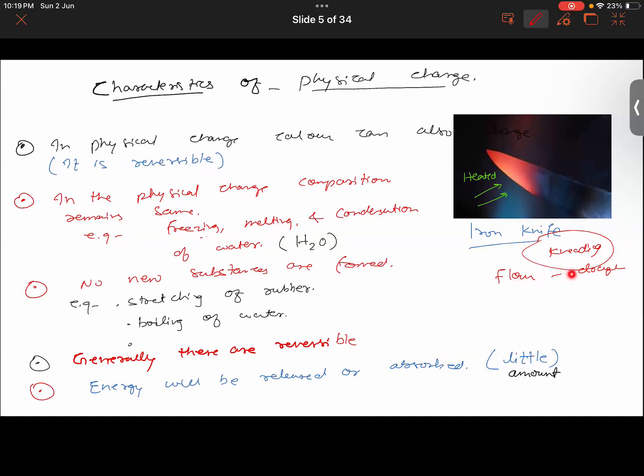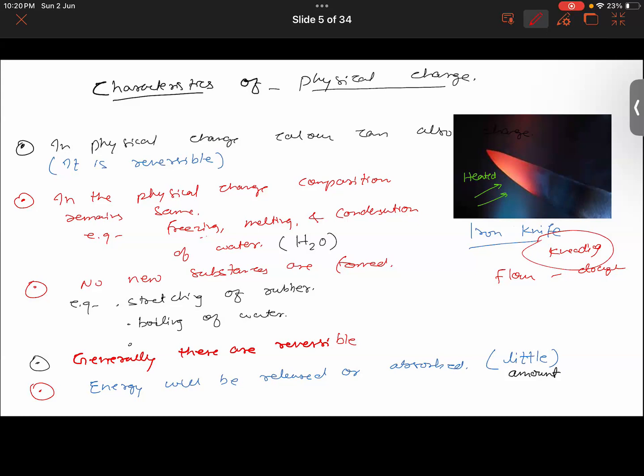What kind of change is that? Is that a physical change or a chemical change? Or is that a reversible physical change or an irreversible physical change? Same for chemical. First thing is that obviously it's a physical change. That is for sure. But is it reversible?